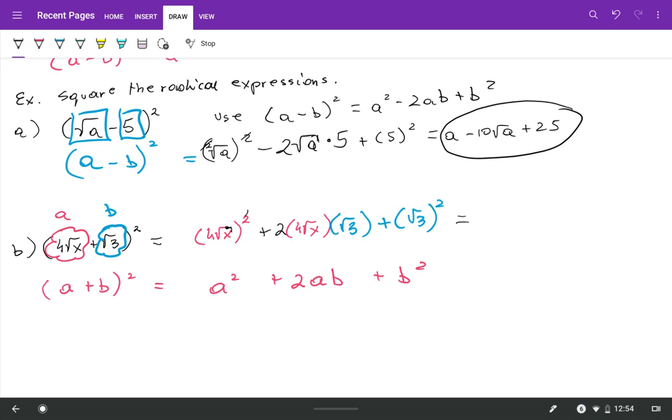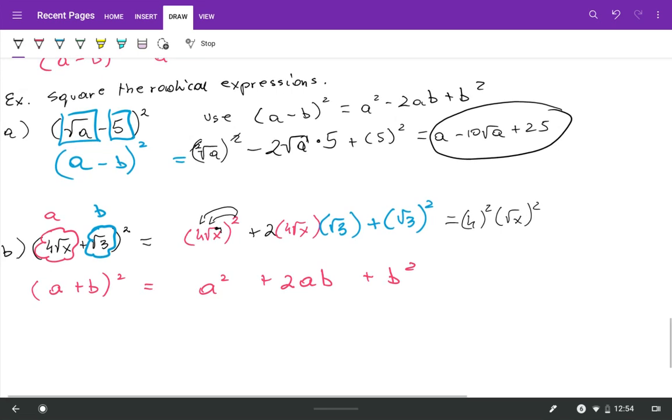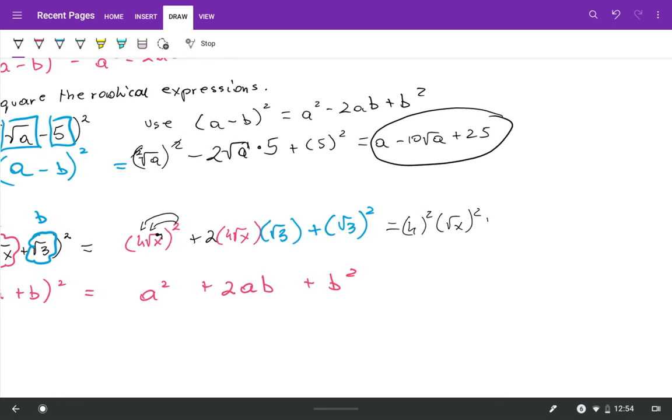Okay, so let's simplify that. So this is what happens when you have a product and the power outside of the parenthesis, you're going to distribute that power to both. So this is 4 to a second power and square root of x to a second power. Now here, 2 times 4, you can multiply the coefficients, so that will give you 8.